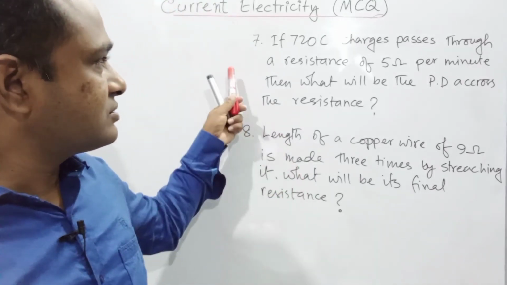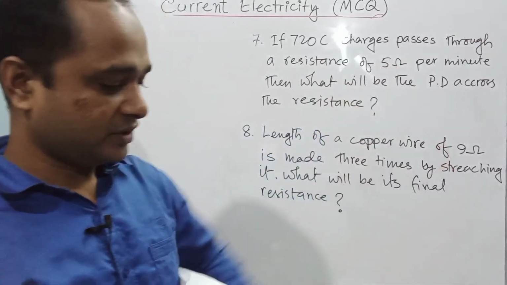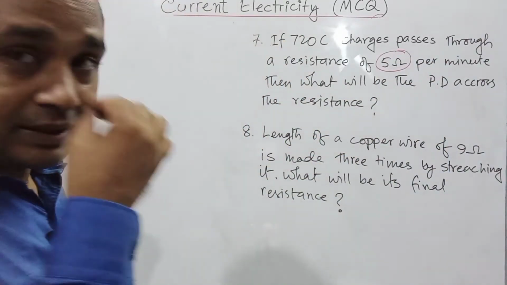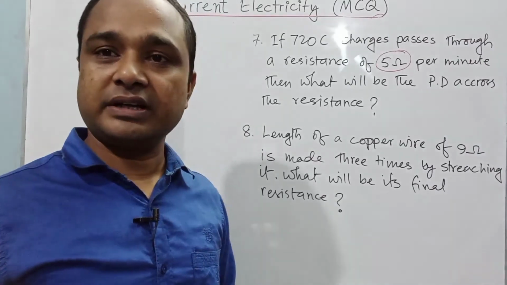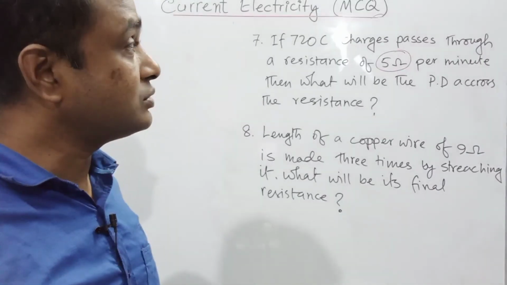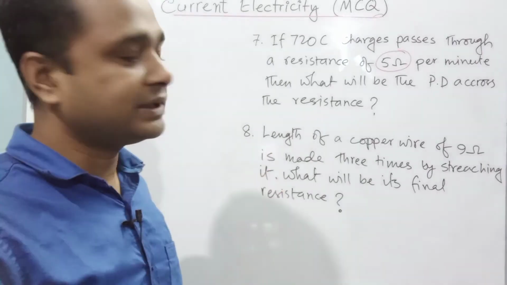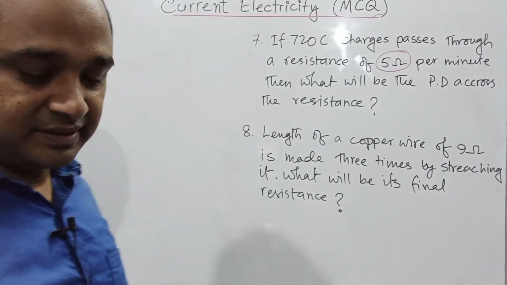Here the resistance of the wire is 5 ohm, but the current through the wire is not given. So first we have to calculate the current through the wire, then we will calculate the potential difference, right?